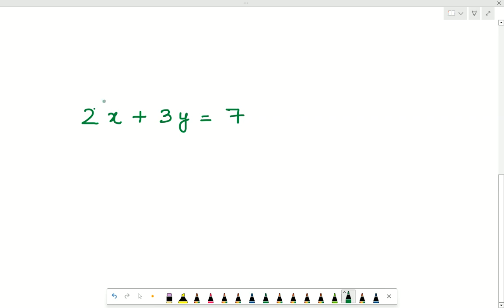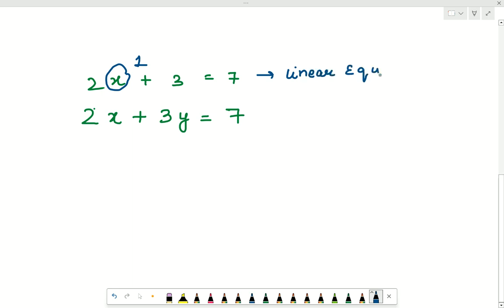So what is the difference between this equation and the second? The difference between both the equations is that in the first equation there is only one variable, and the variable x has power 1, right? So that's why it is called a linear equation in one variable.